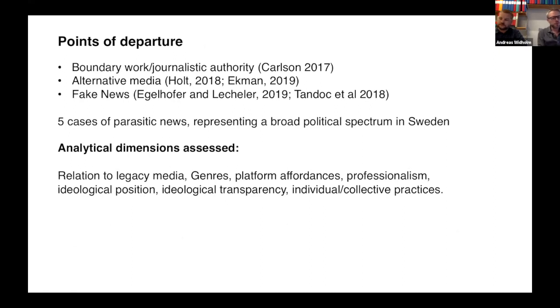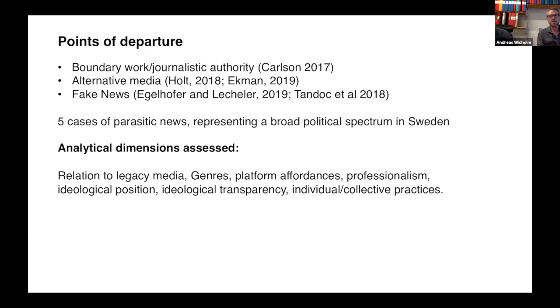So, we draw on three strands of research in the analysis of parasitic news in this paper. First of all, boundary work and journalistic authority, relating to the constant discursive struggle over what journalism is and what counts as news, and also how journalism's authority is challenged by new actors, for example, some of the politicians we study here. Secondly, we draw on previous work on so-called alternative media.